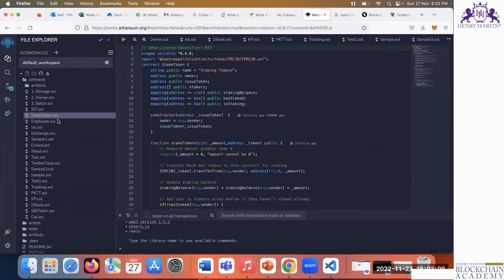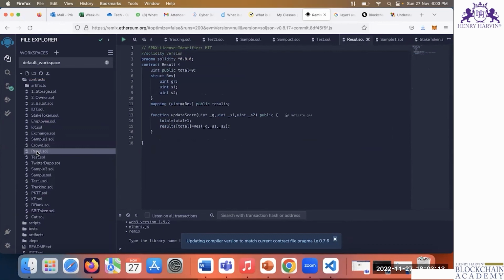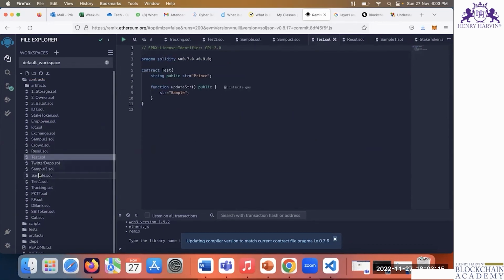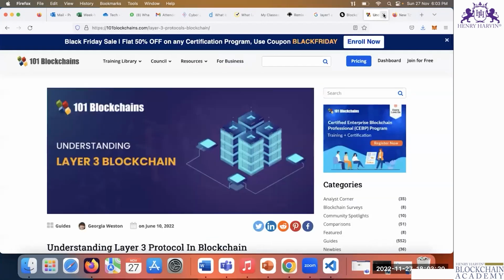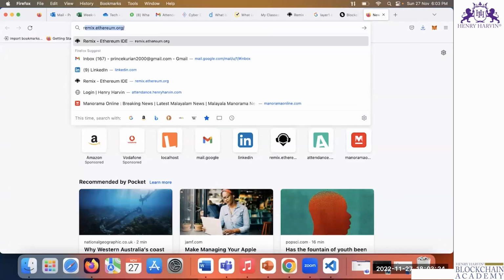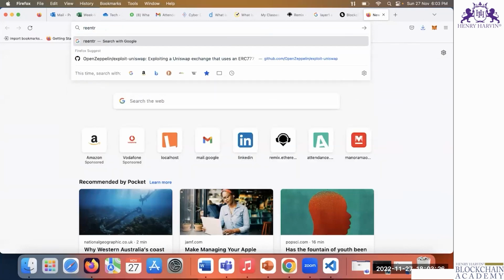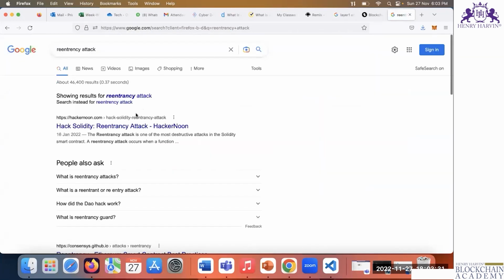I think they have found this re-entrancy attack. I can show you the re-entrancy attack. I will show you one smart contract, just to become familiar with this attack and how it works.